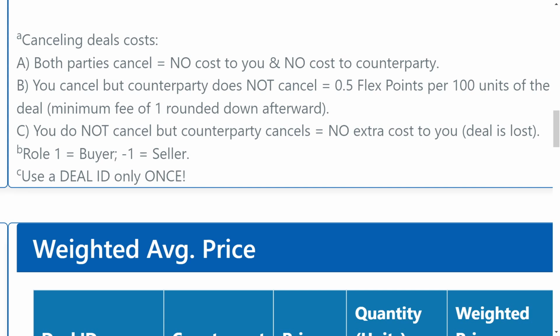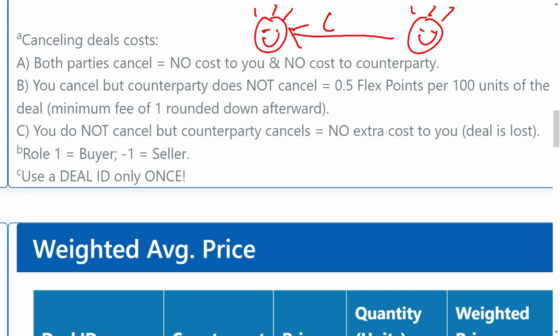So what's the key idea here? The key idea here is this. If you're going to make a deal with a group and you're thinking, can I trust them? Do I have trust? And it's a question mark. Do I trust them? Because when you make a deal, they could cancel on you.